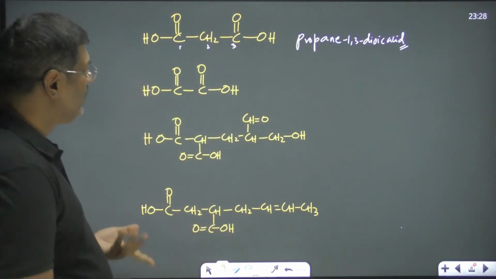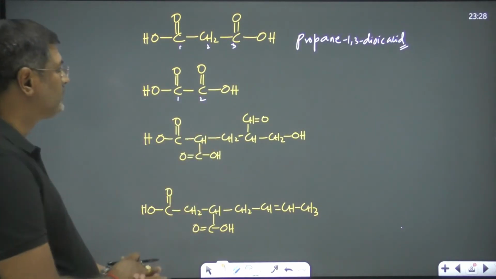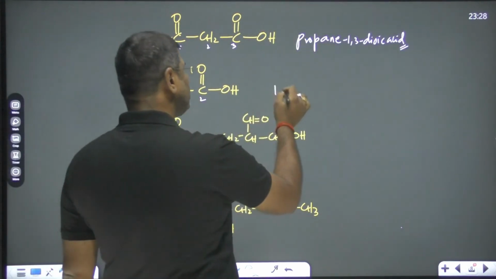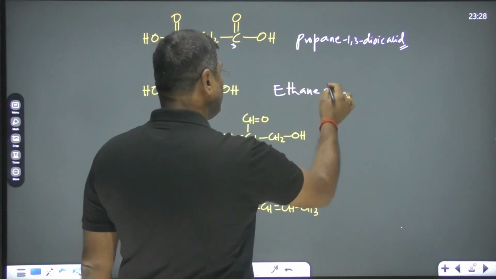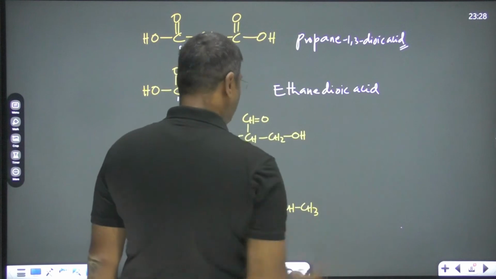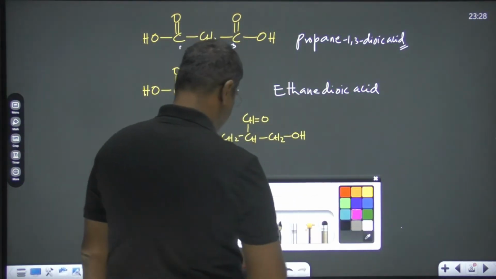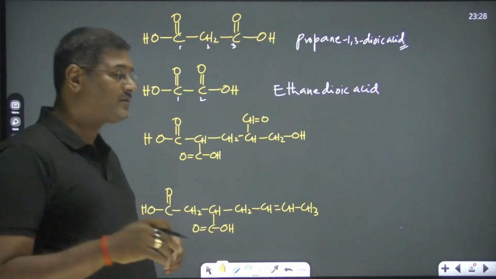Right? What about this one? You will say ethane dioic acid. This one is ethane dioic acid. For your information, this is important. We will discuss it separately.